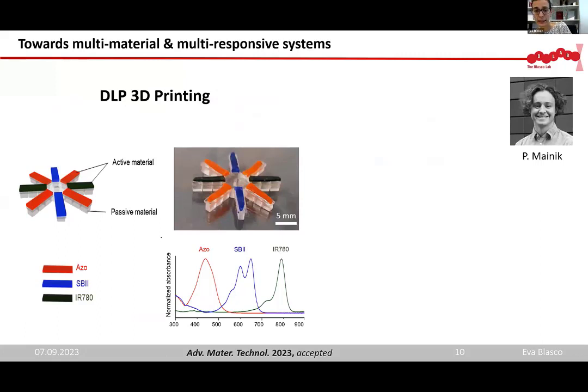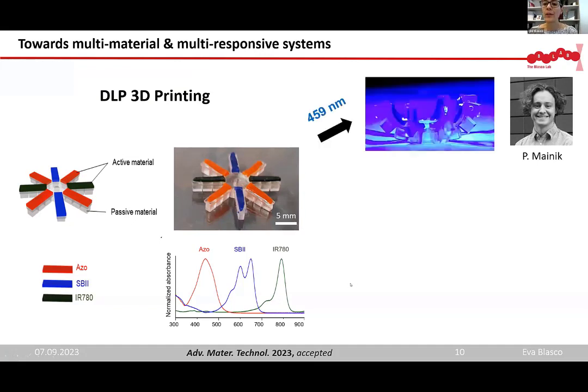Here what we did was to print these multi-material structures using DLP. First we printed an elastomer as a passive material, and then we introduced the liquid crystalline material doped with the different dyes. You see there already the 3 different colors, and here the direction of the alignment is in the direction of the beams. So you see that they have different absorption.